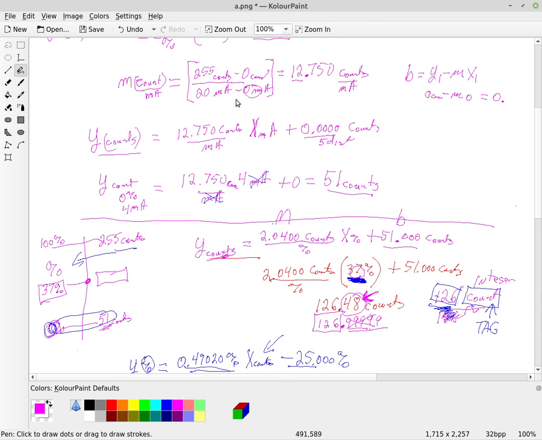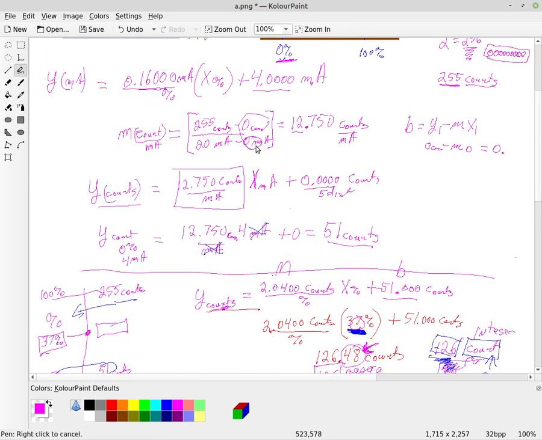So what I would have to do is take this slope and flip it and calculate the intercept. Okay, and in this equation here we didn't have any intercept. So if we wanted to determine the milliamperes, I could just take the reciprocal of this in here.